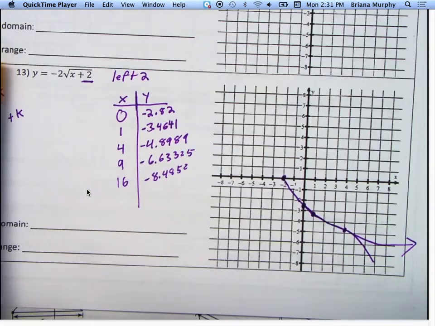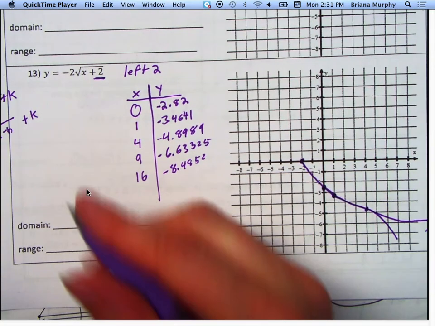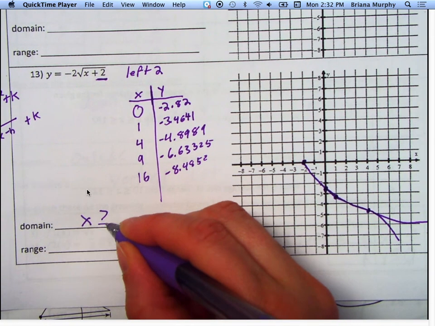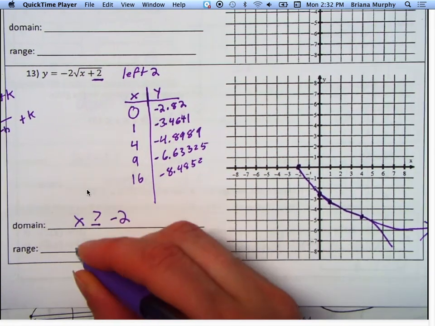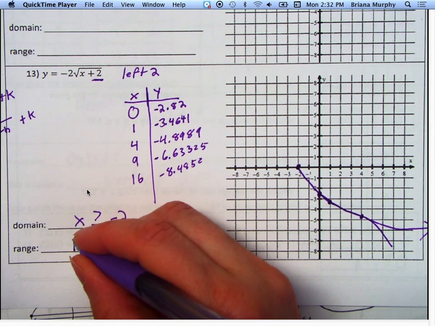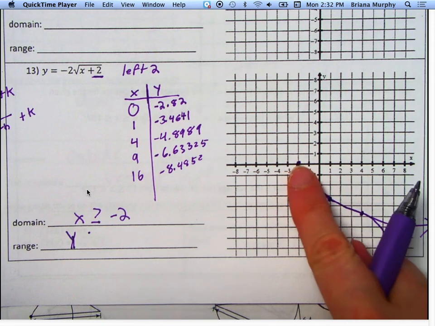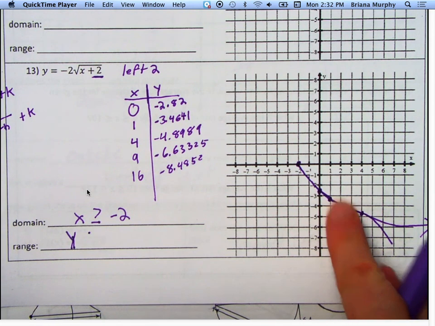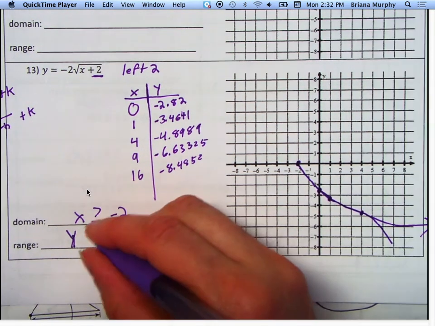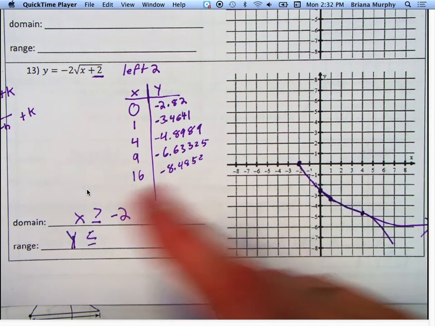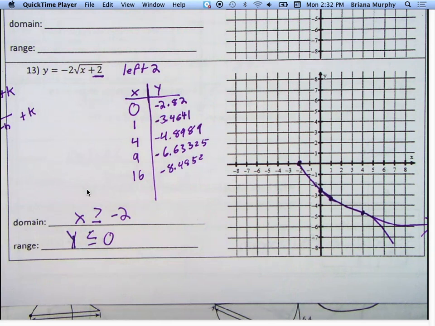Okay. So my domain is now x is greater than or equal to negative 2, and my range is greater than or equal to 0. That would be up here though, right? Less than or equal to 0. Oh, wait. Less than or equal to 0, right? Why is it 0?